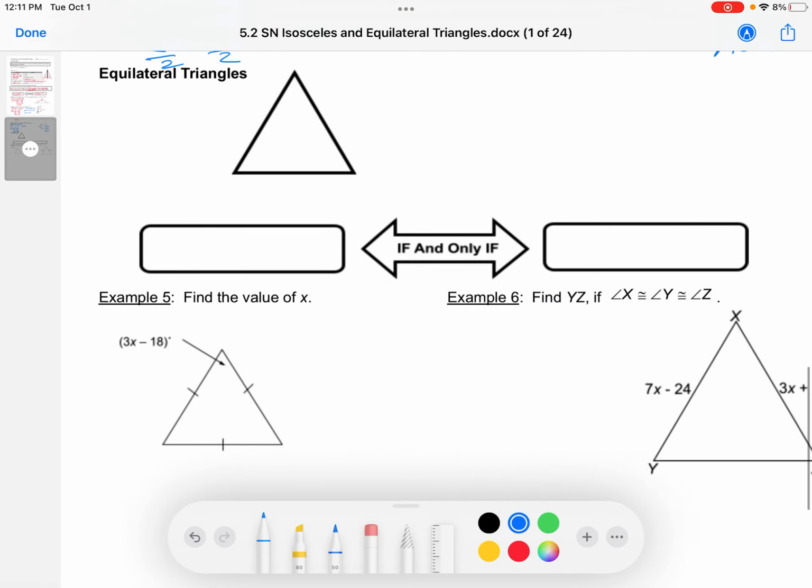All right, so we're going to talk about equilateral triangles now. In equilateral triangles all sides are the same, so that means all angles are the same. All sides of the triangle are congruent, and all angles of the triangle are congruent as well.